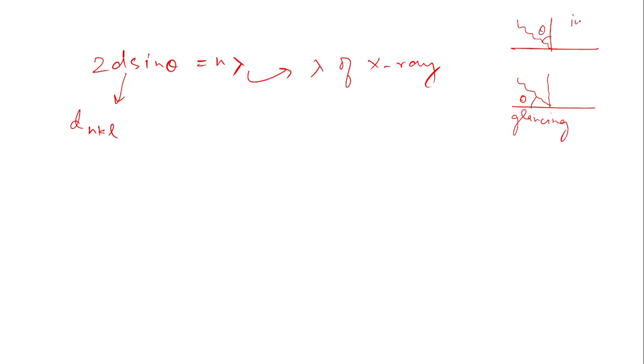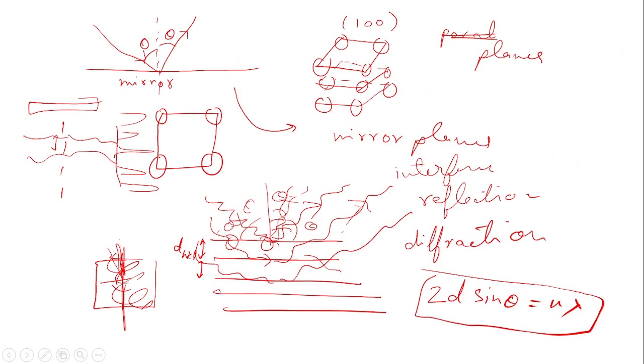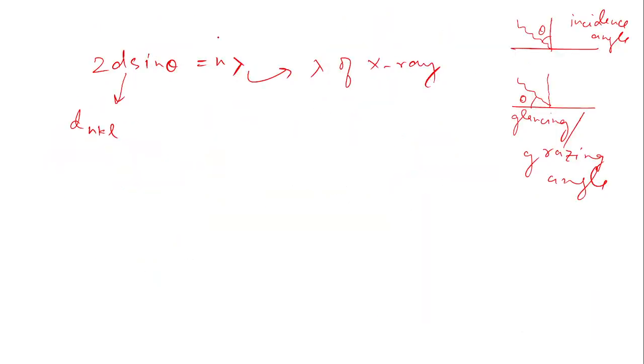This is called the incidence angle, and this is called the glancing or grazing angle. So here for X-rays, we usually take this theta as the grazing or glancing angle instead of the incidence angle.